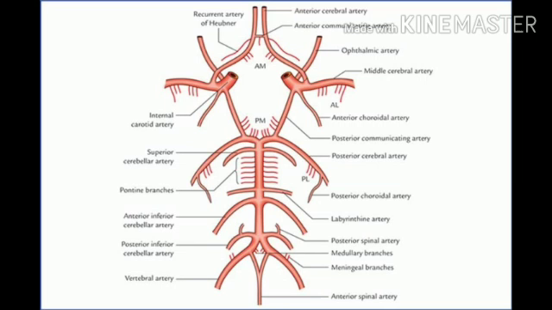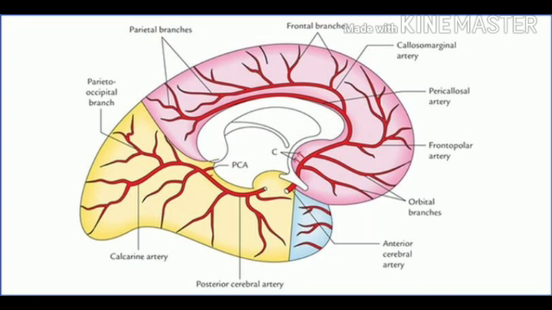These choroidal arteries help in the formation of the choroid plexus. The arteries supplying the different surfaces of the cerebrum are the branches of the circle of Willis, and they are called the cortical branches.